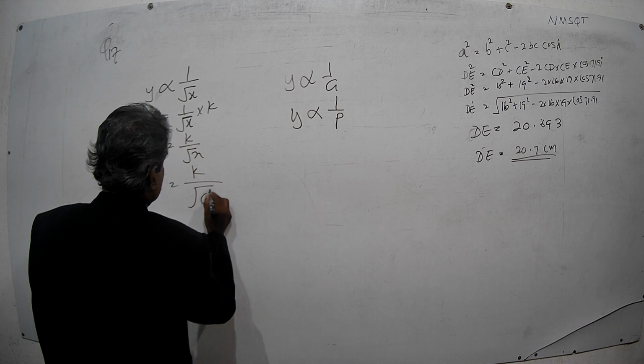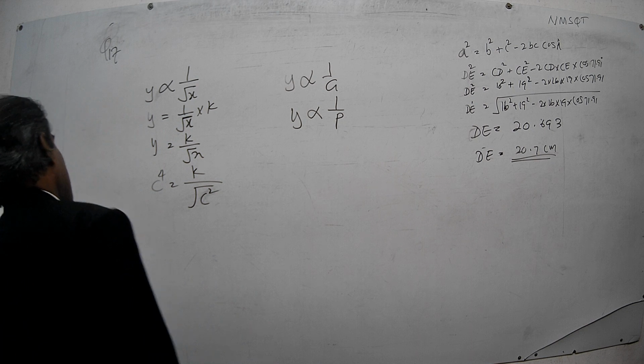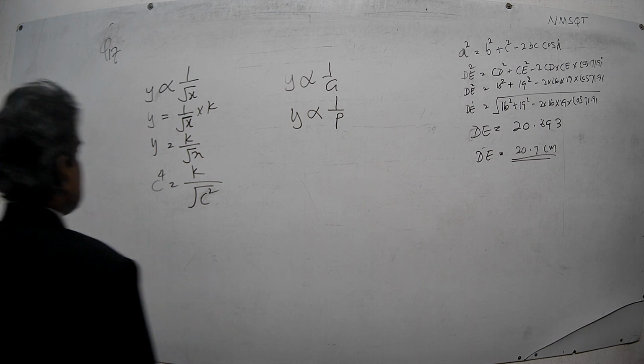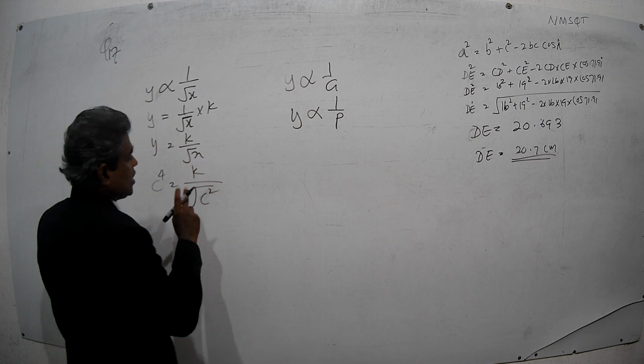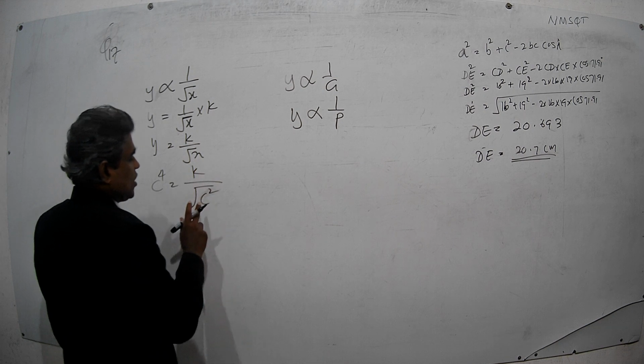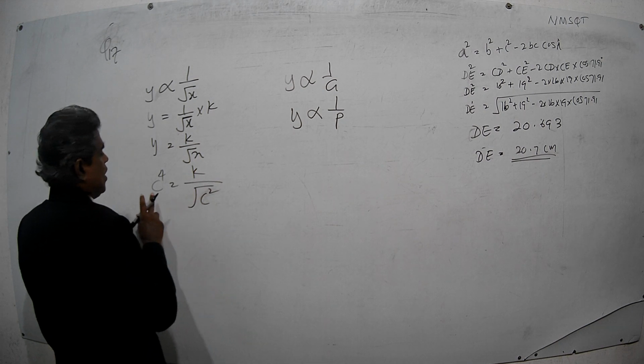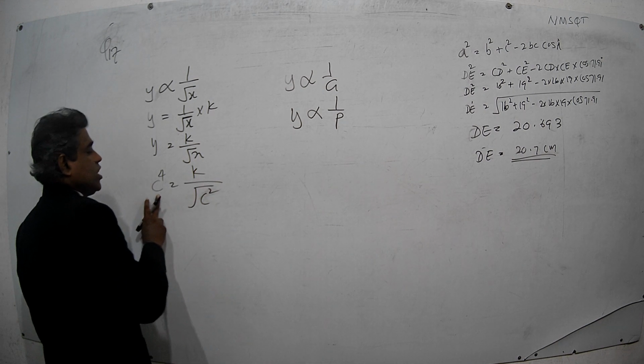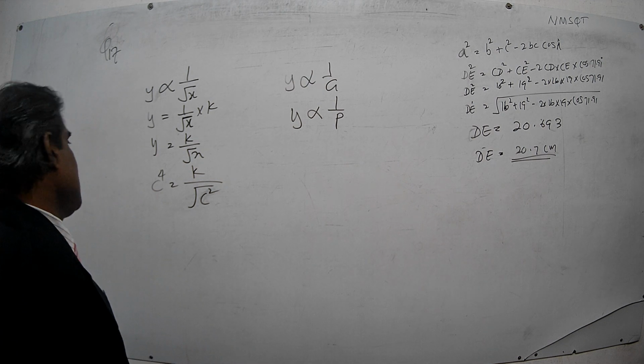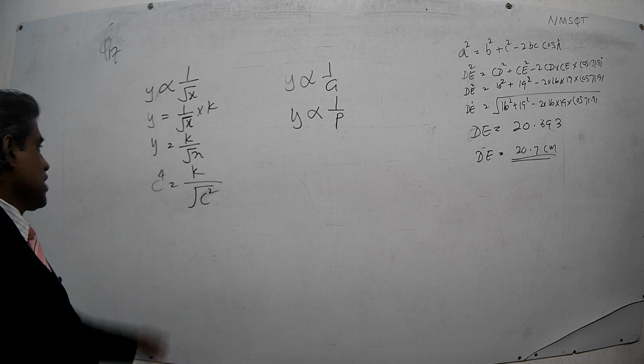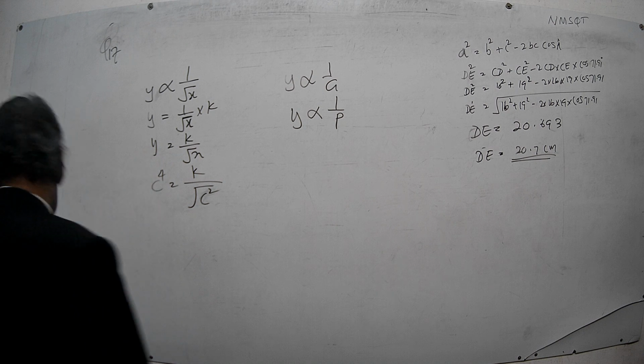When x is c squared, y is c to the power 4. What we did here was substitute the given x value and y value.